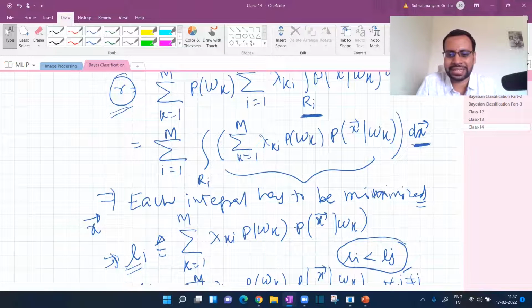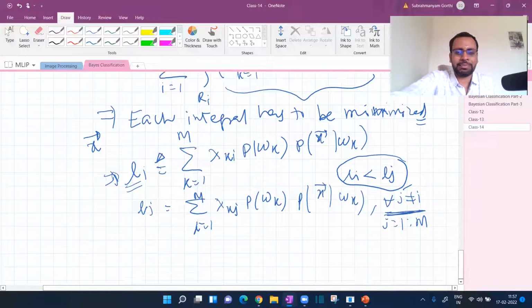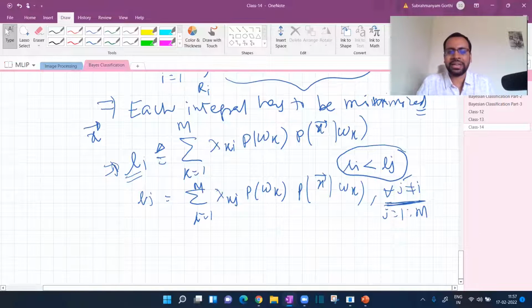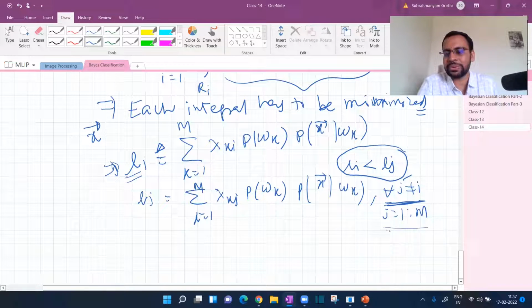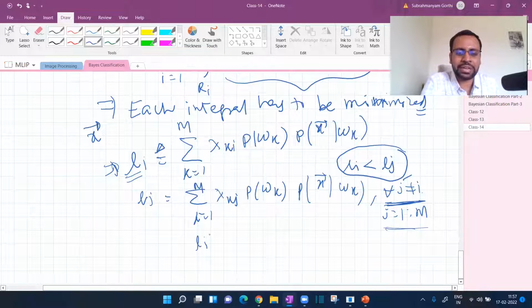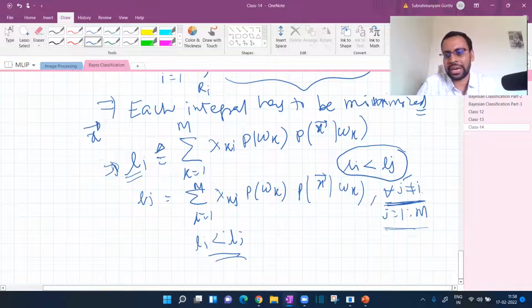As simple as that. It is just that mathematically, in an appropriate manner, I'm writing it saying that Lj can take all values other than i from 1 to m, and if Li is less than Lj, then assign it to the ith class. That's all I'm saying.